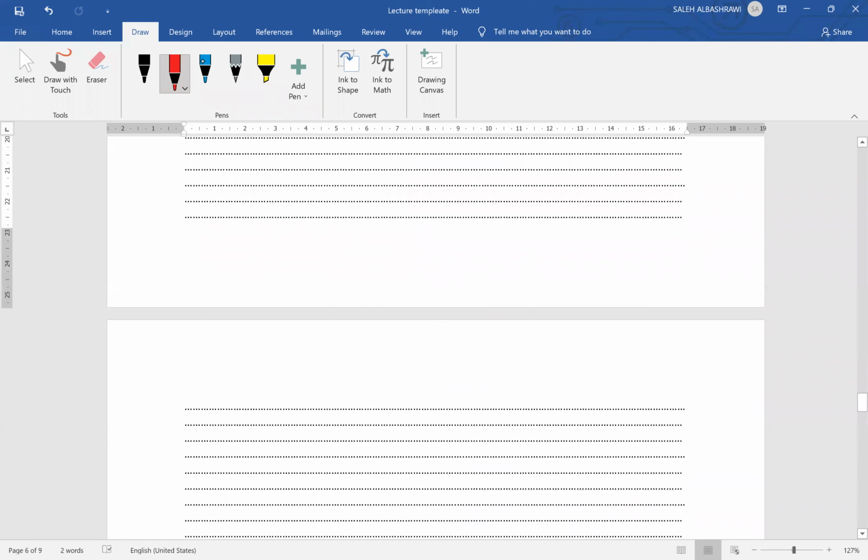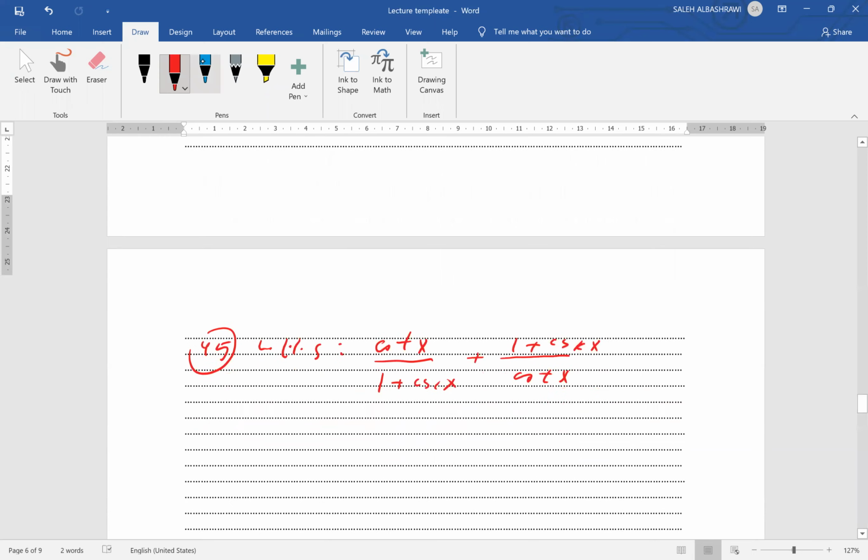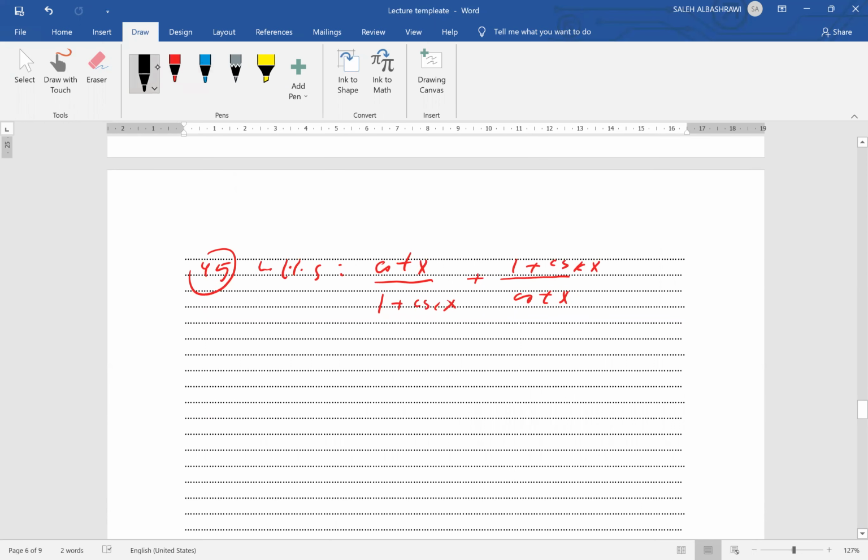For number 45, I have cotangent of x divided by 1 plus cosecant of x plus 1 plus cosecant divided by cotangent of x. Let's combine these two fractions.